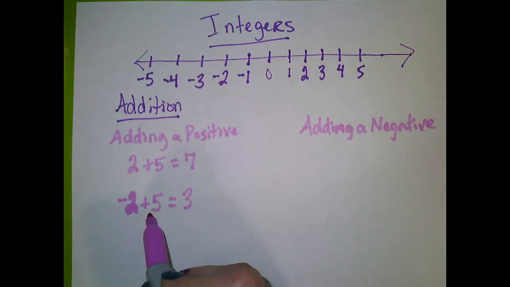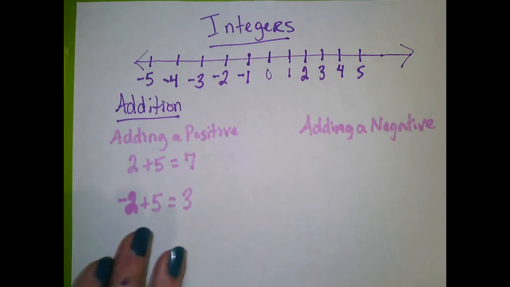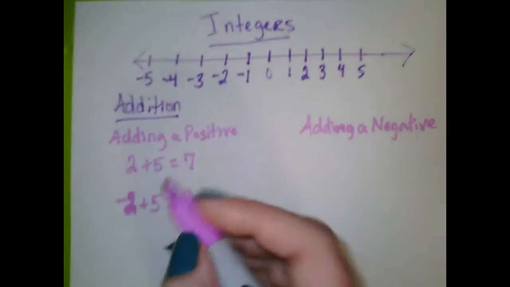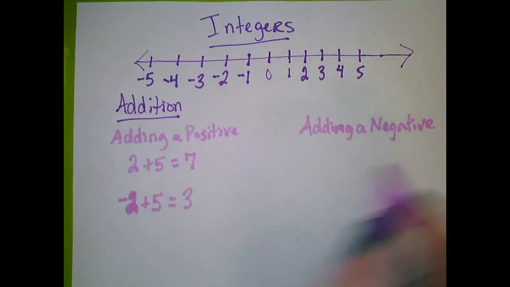So in this case, you wind up subtracting the 5 from the 2 to get the 3, basically. And you probably can flip this around. You can take that 5, which I'm going to show you over here when we do the adding and negative.